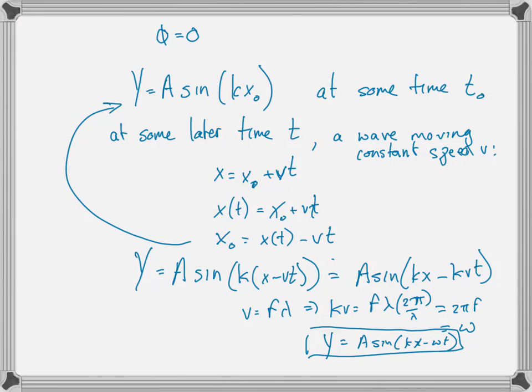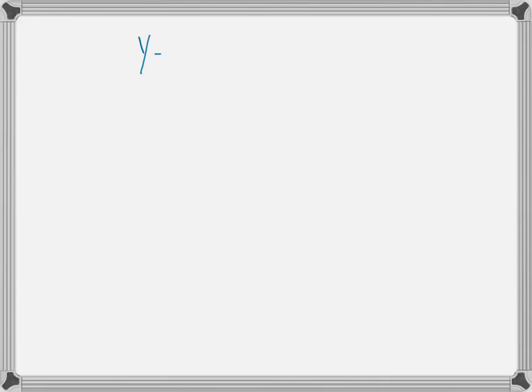And we can go ahead and throw phi back in there and say we can change the initial conditions. Right now we have at t equals 0 and x equals 0, then y equals 0. But if we don't want the initial conditions to be defined as that, we can just throw in a phase factor and say, in general, y equals a, or y max, times the sine of kx minus omega t plus phi.